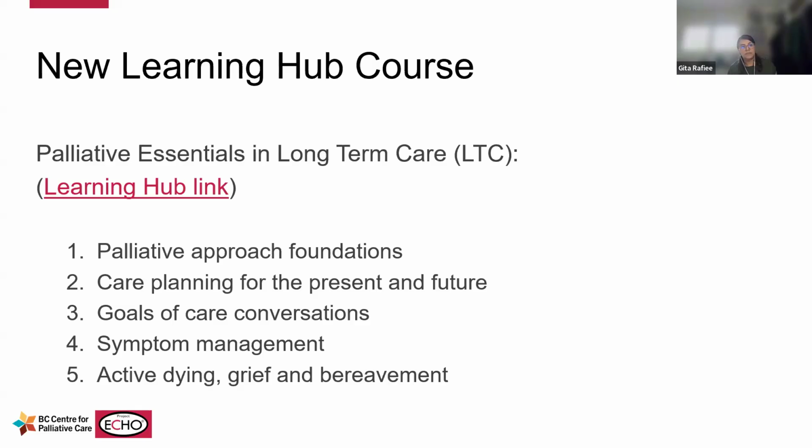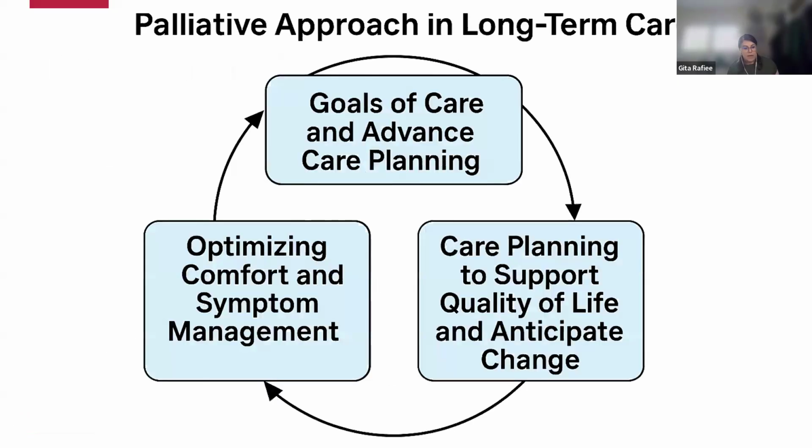Can you go to the next slide? Now we are going to talk about the main parts of the palliative approach to care in long-term care. At a national level, palliative care includes 12 core competency areas, all of which apply in long-term care. In long-term care communities, these have been adjusted into practical, essential elements that can be integrated into everyday care.